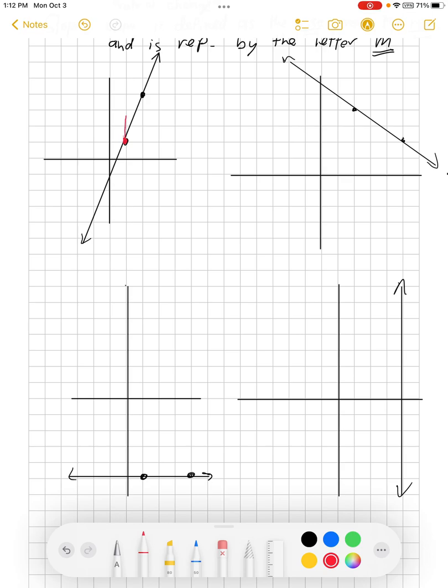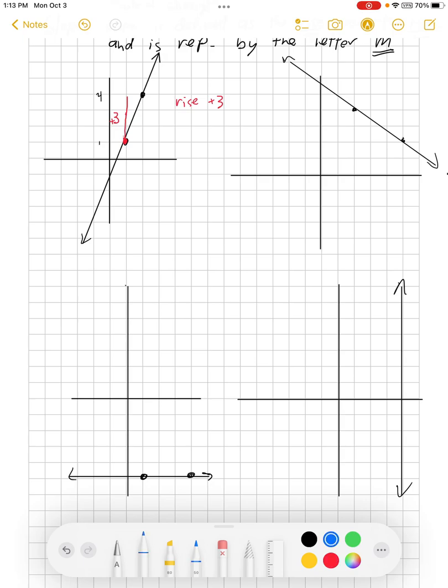How much do we rise? We go up 1, up 2, up 3. Now, if you think about this in terms of the numbers on the line, we're going from 1 to 4. That is going up in a positive direction. So let's go ahead and write positive 3. So our rise is positive 3.